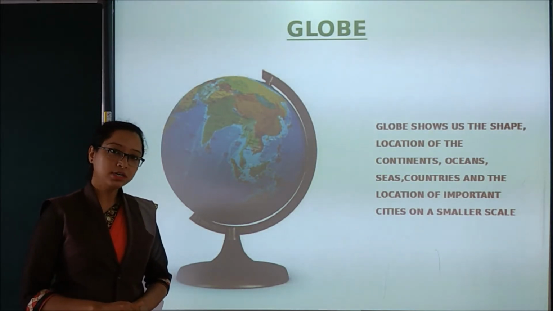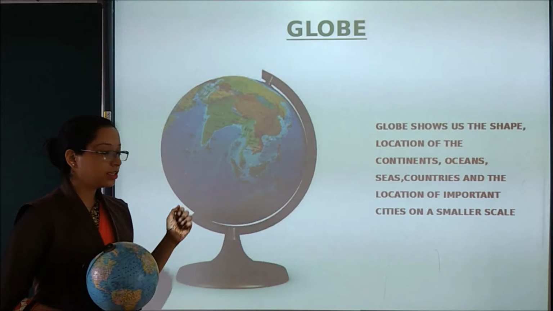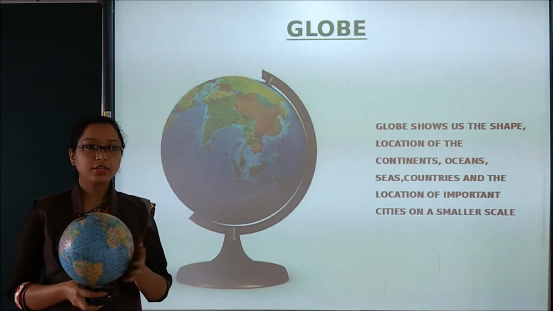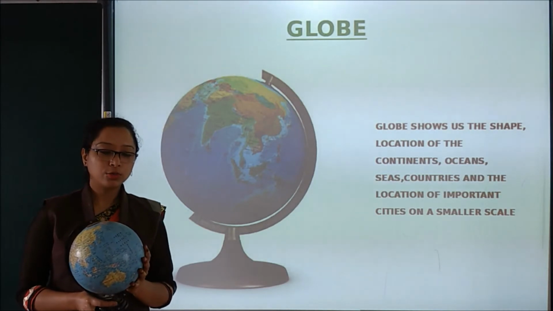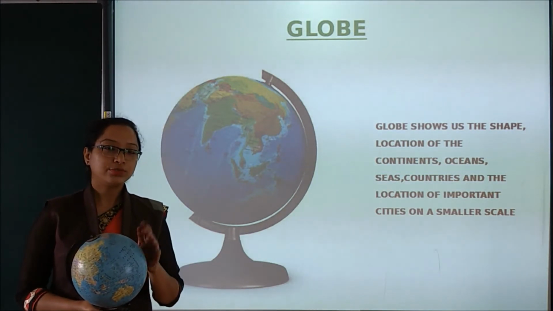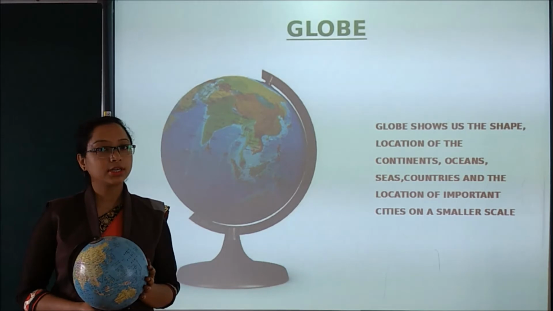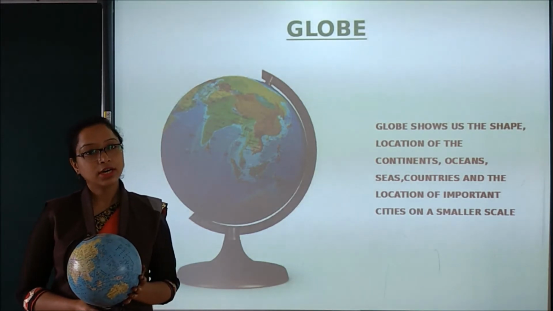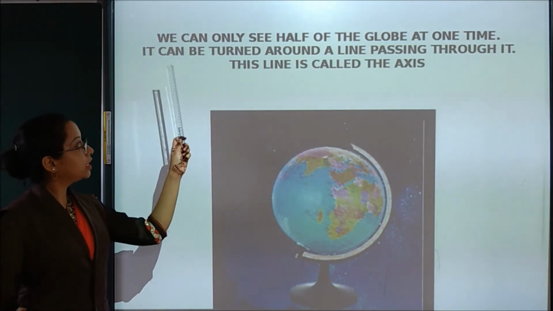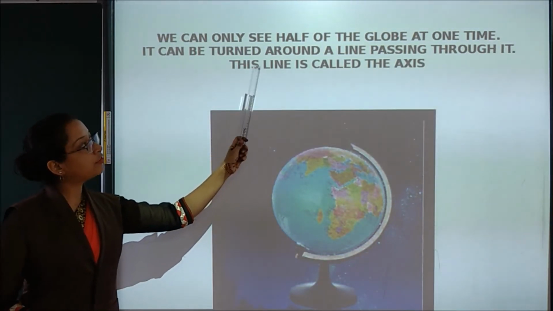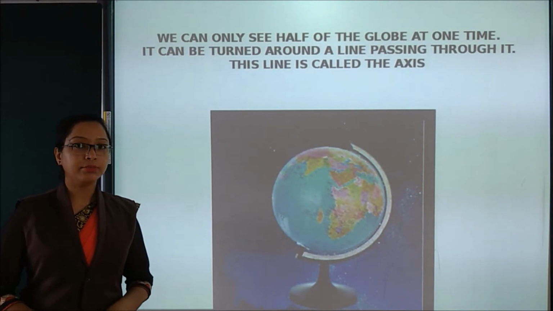So just now we have seen the picture of the globe and here is the original one. Now you can see this is a globe. On this you can see the water bodies, oceans, continents and different countries. Next, we can only see half of the globe at one time.